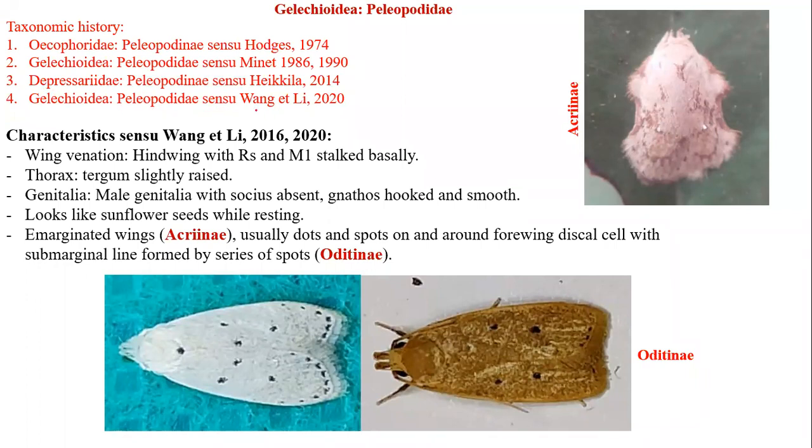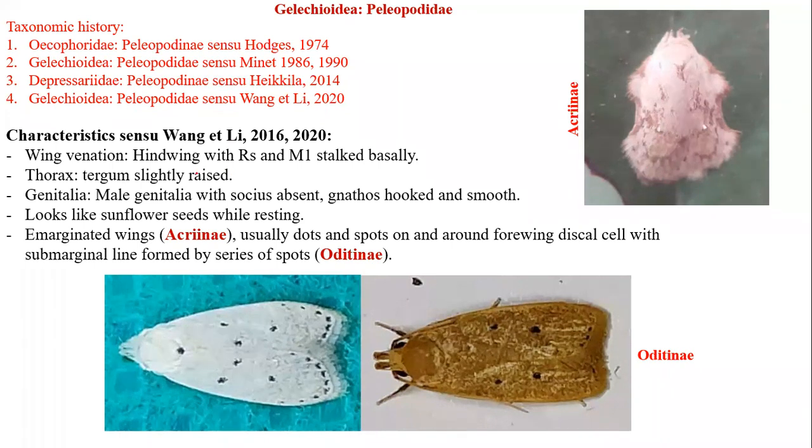And later, in 2020, Wang and Li, whenever revising this superfamily at the molecular level, described this as a separate family belonging to the superfamily Gelechioidea. So now the group is at family level following Wang and Li 2020. Now the question is, how can we identify this family?